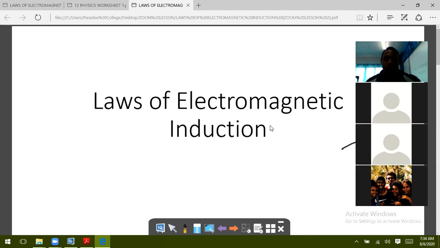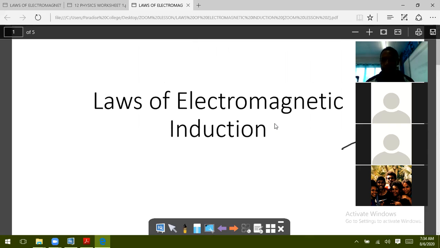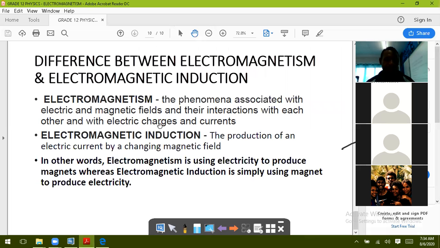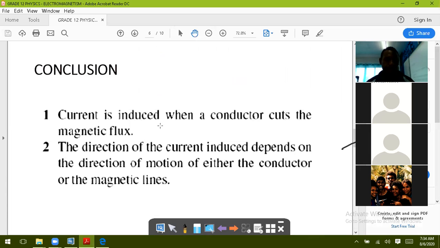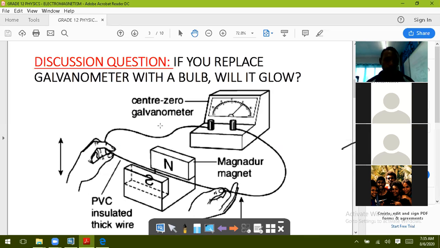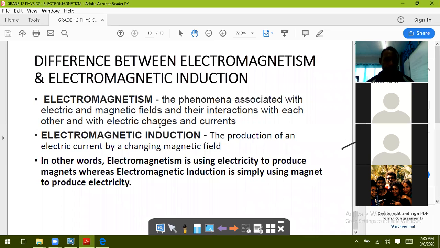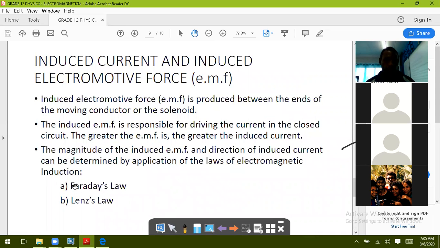This is it. In the last discussion, I said that this is the one. We said that the magnitude of the induced current... Induced current is basically the current that is produced through the process of electromagnetic induction.